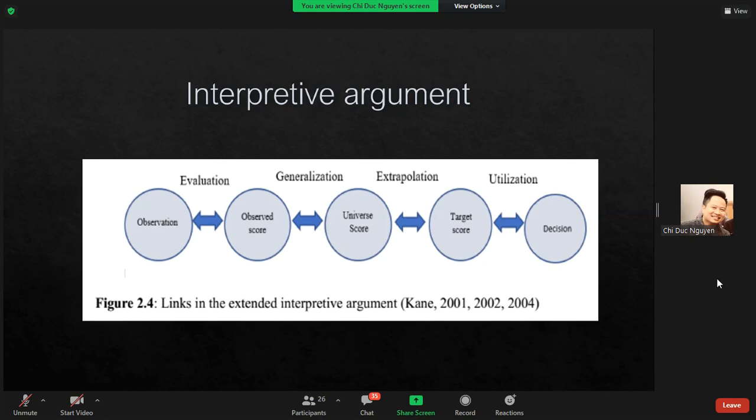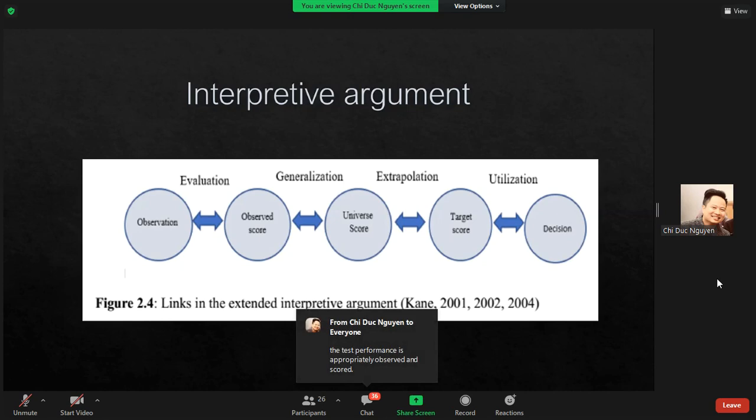From observation, we have an underlying assumption about the observed score. The underlying assumption is that the test performance is appropriately observed and scored.